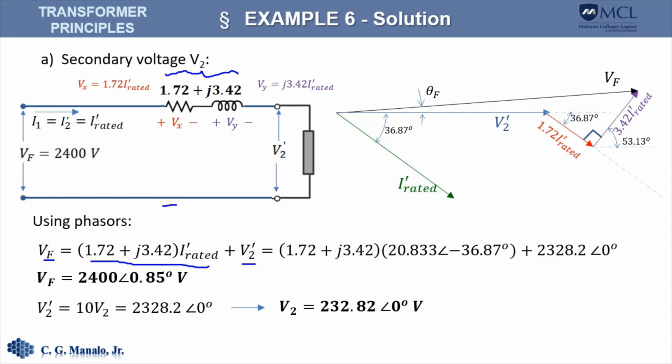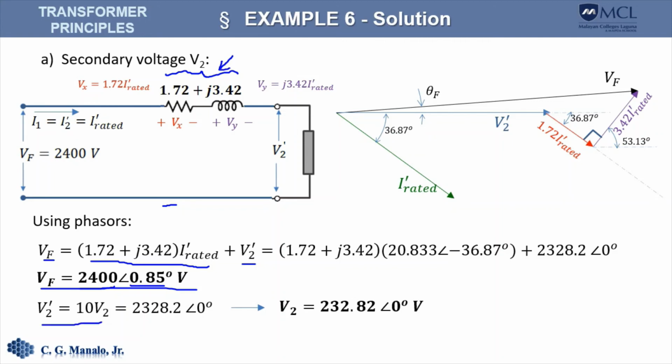Hence, we can solve V sub f. So we know the magnitude already, so that is 2400. And we get the phase angle of V sub f. Notice the phase angle of V sub f is almost zero. That's because this impedance is actually very small.